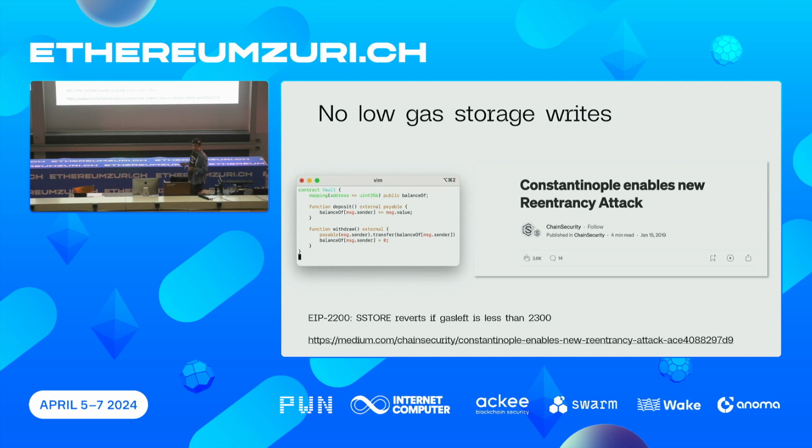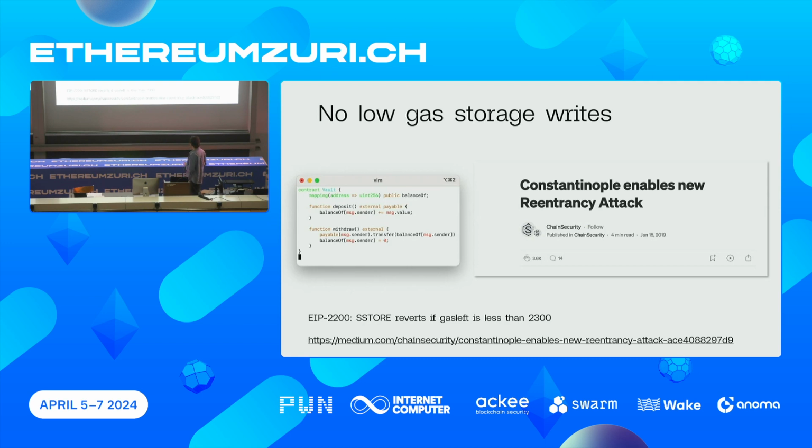So this was a safe operation. With the Constantinople hard fork, the cost of storage was changed and lowered, and in the least case it was 800 gas, I think, which was kind of an oversight, because now you could use send and transfer functions to re-enter contracts.